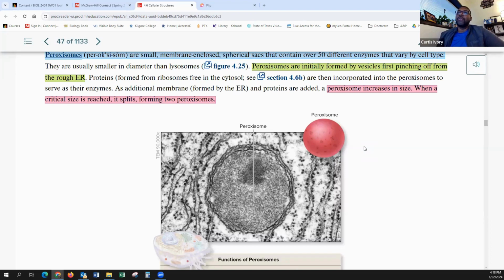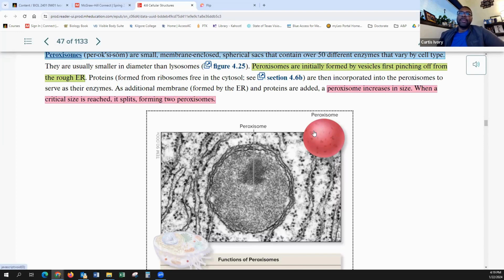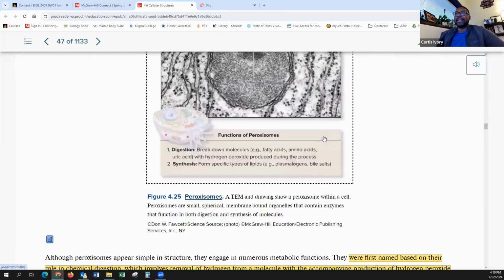So peroxisomes are for protection, but also for breaking things down, and that uses peroxide. So anytime you eat an apple and you see it turn brown, now you know why. It's due to peroxisomes. Remember, apples are made out of cells, and cells have peroxisomes in them. So now you're understanding why.